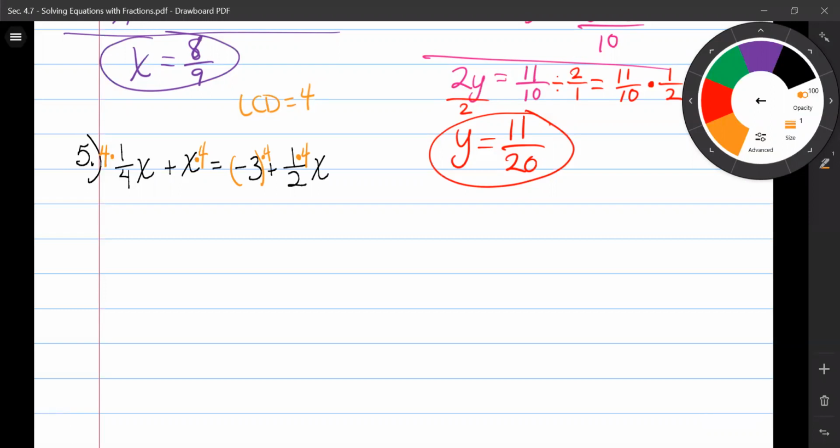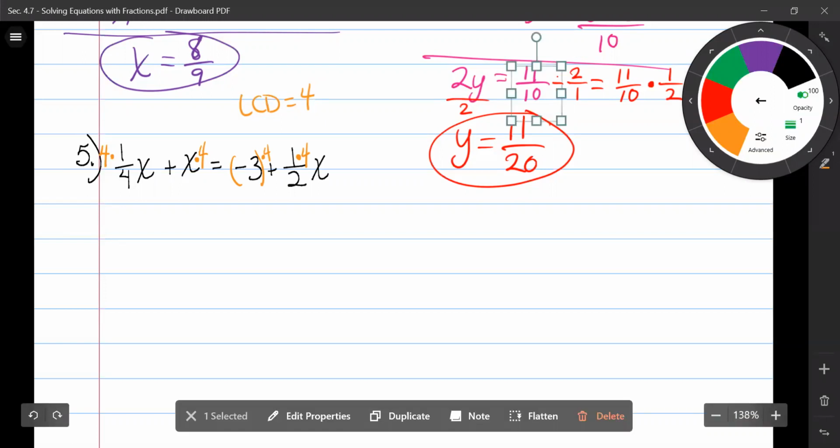So the whole point in doing that, like I said, is to cancel out all the fractions. So before you actually multiply anything, see how you can reduce it. So 4 and 4 cancel out right there. So basically that's just 1x plus. And then x times 4 is 4x.